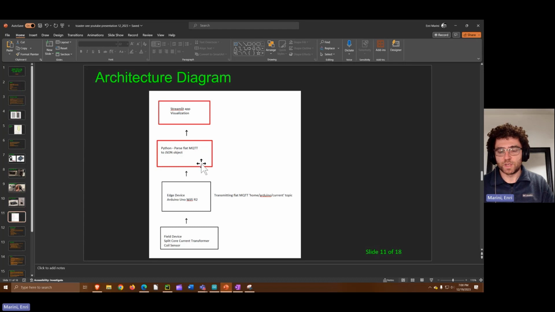From there, we have a pre-processing script, all built in Python, that parses the flat MQTT to a JSON object. And from there, we utilize Streamlit to serve as the front-end visualization, which provides a pie chart aggregate for the percentage that your machine is on versus off, and then a horizontally oriented single bar chart that shows when the state was on and off.